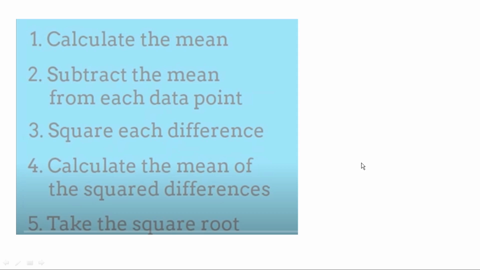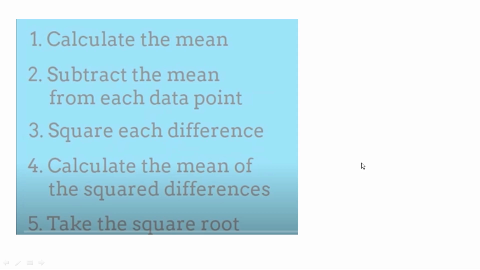And of course n is a very important figure, that is how many observations there are, used here to divide this value, and of course it is under the square root.